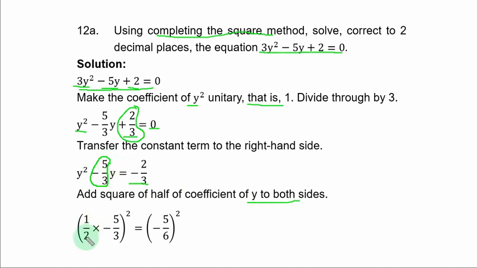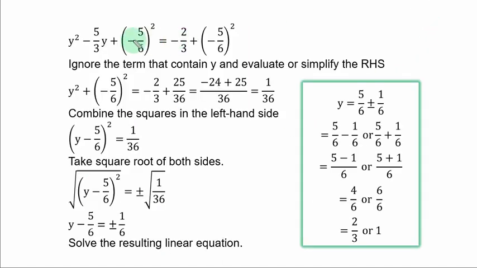So you look for half, that means 1 over 2 times minus 5 over 3, all squared. No term can reduce. If you multiply, you have minus 5 over 6, all squared. So you add this term to both sides of the expression.